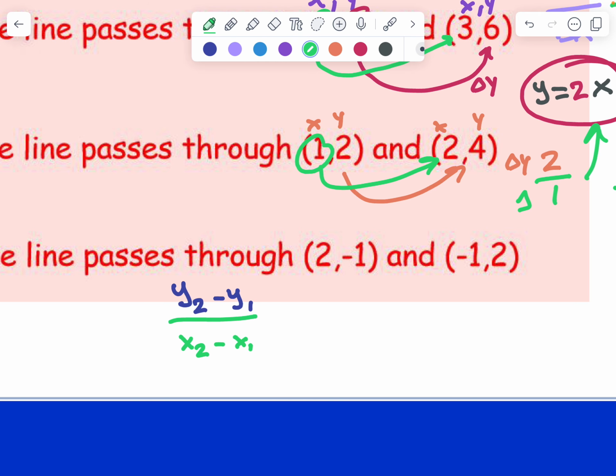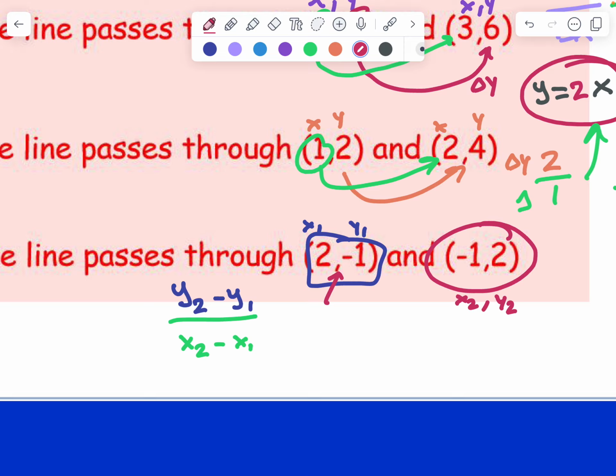You'll notice that I'm using y2 and x2, y1 and x1. It's just saying, okay, this is point 1. That is the first point that I know. So I'm going to call this guy x1 and y1. This one I'll call point 2, x2 and y2. It doesn't really matter. You could make this one y2 and x2 if you really wanted to.